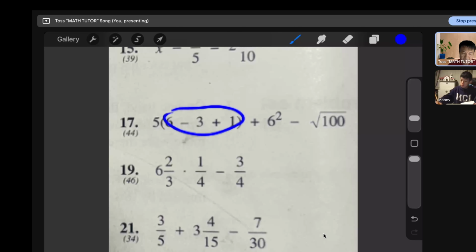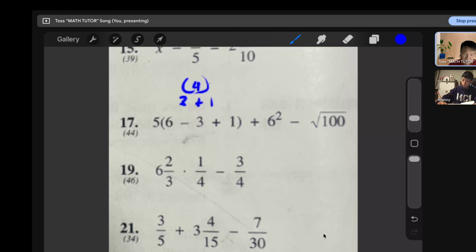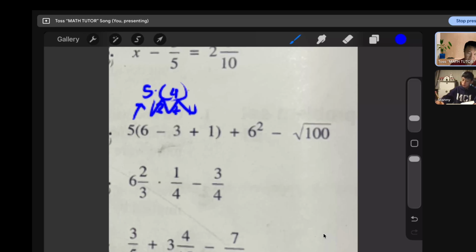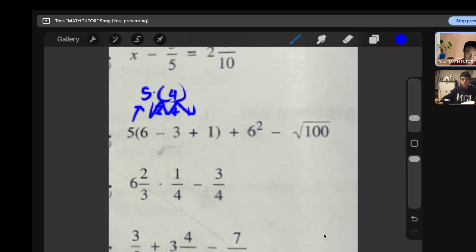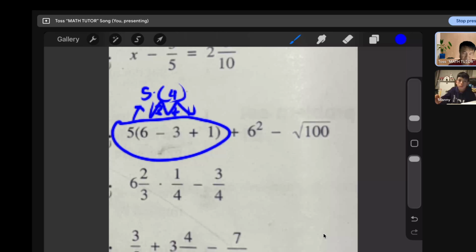Let's do this here, right? Parenthesis, order of operations, PEMDAS. So here we go. It'll be 3 plus 1. I'll work upward. That's 4 in the parenthesis now. So you're left with 5 times 4. I won't touch the plus and the minus. The parenthesis is going to be like a group, a unit, right?